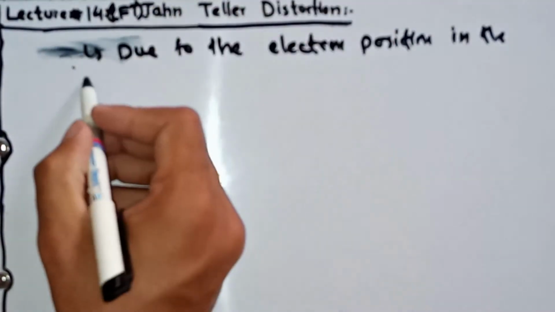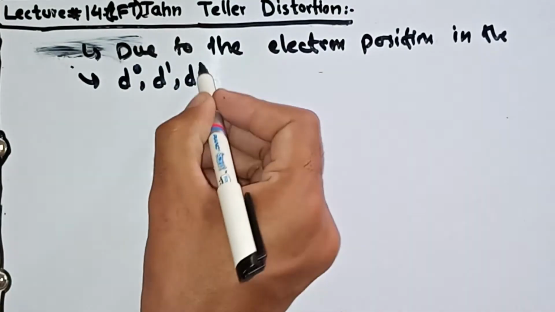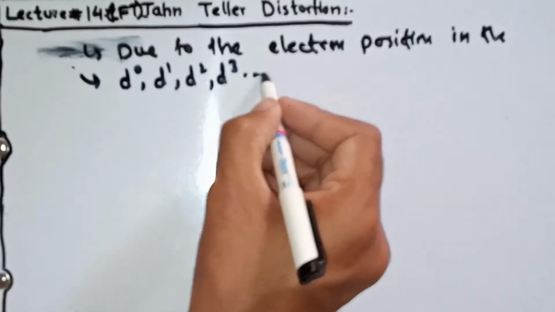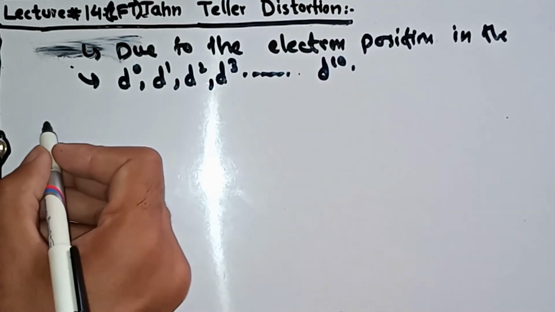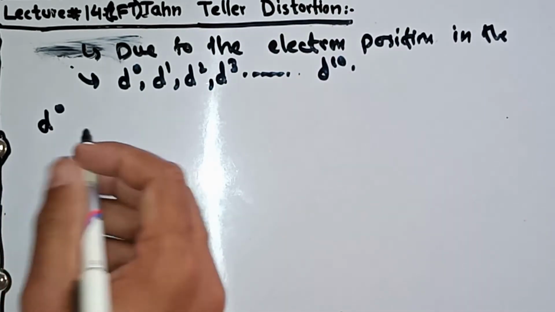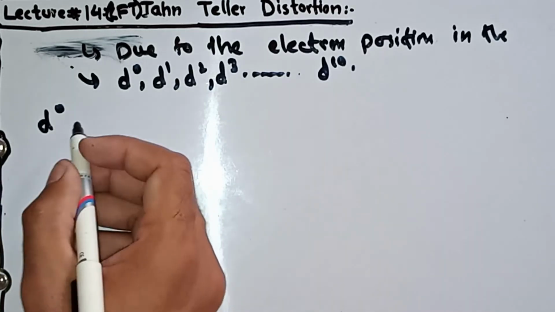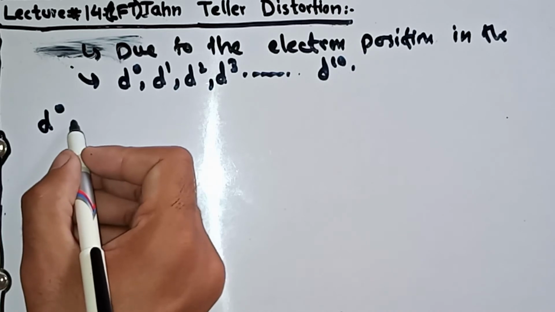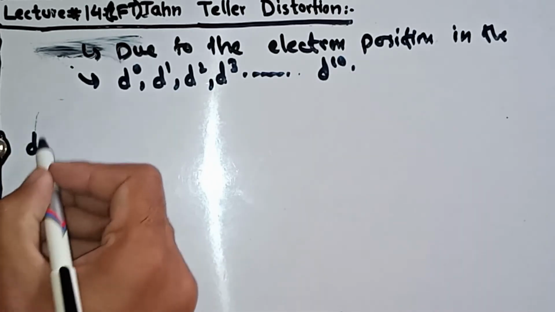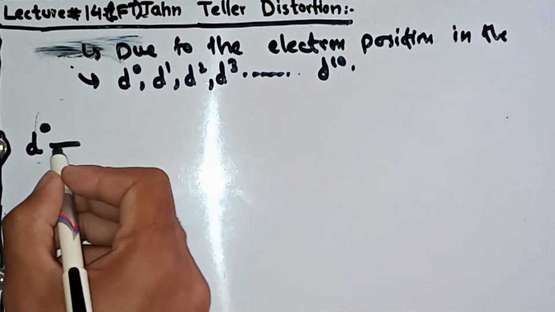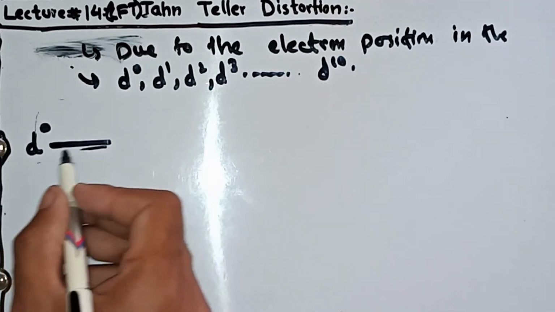Let's check the d0, d1, d2, d3 up to d10 systems. First of all, the d0 system. For the d0 system, what will happen? These are the five degenerate d orbitals.